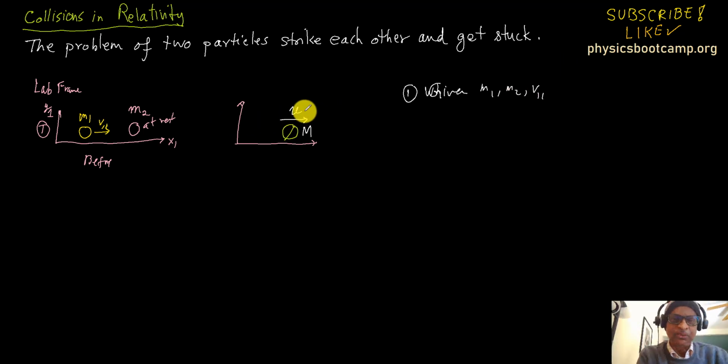And this U is in frame 1, right? This is frame 1, so U of M in frame 1. Given this, what is this U? Okay, so that's one question.